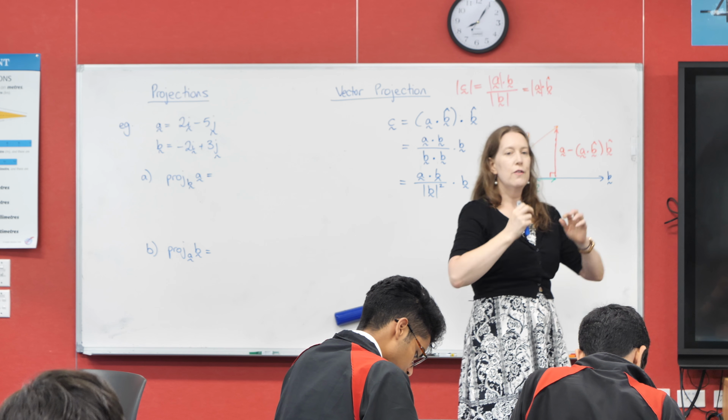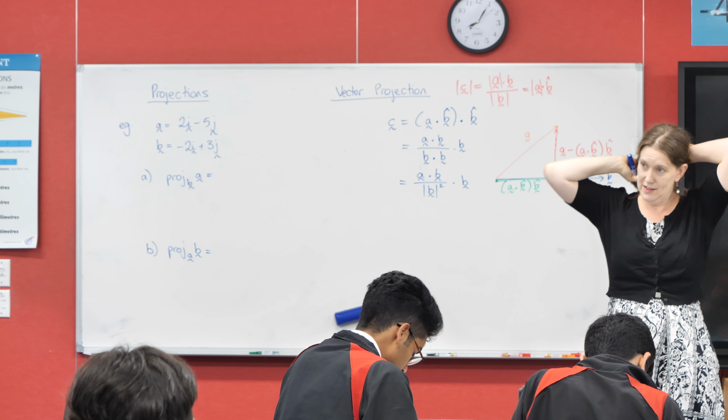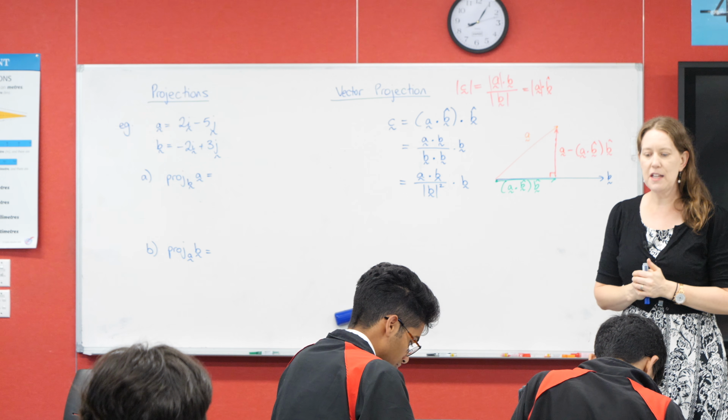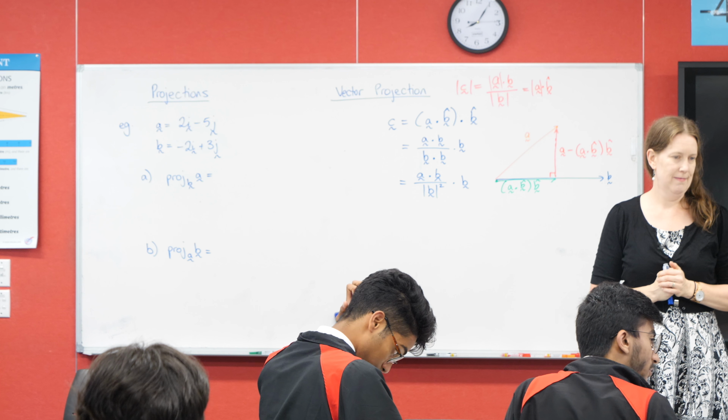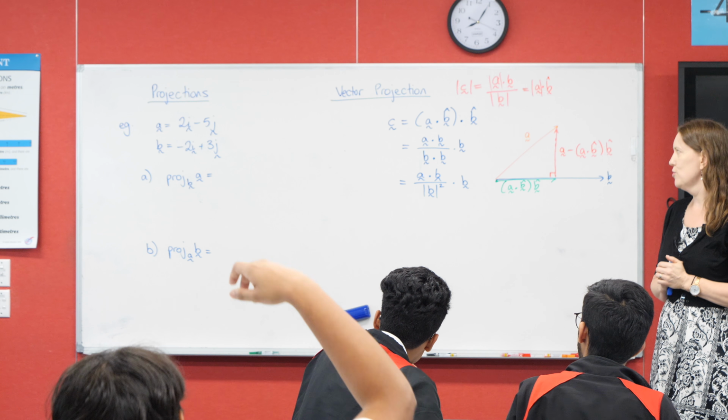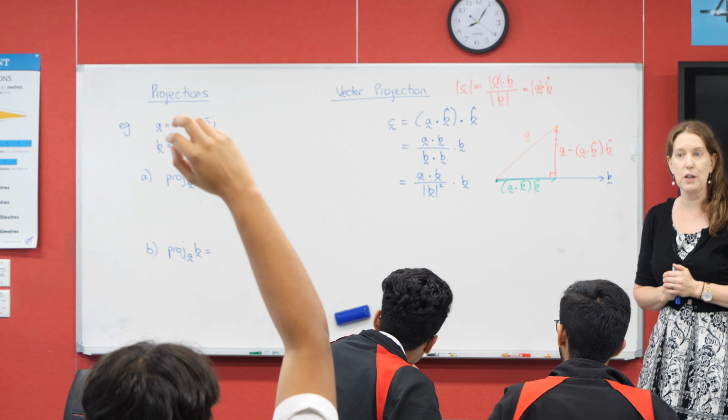For those of you who want to do this in one step, you can. It gets a bit messy. I'm going to show you how to do it in one step, and then I'm going to try and convince you that it's better to do the components.